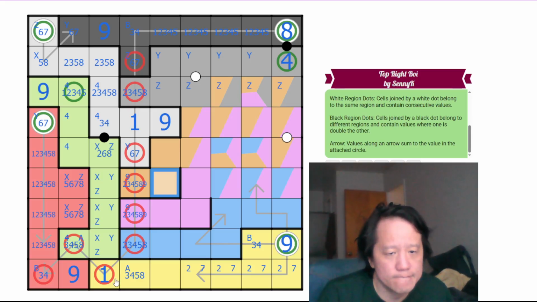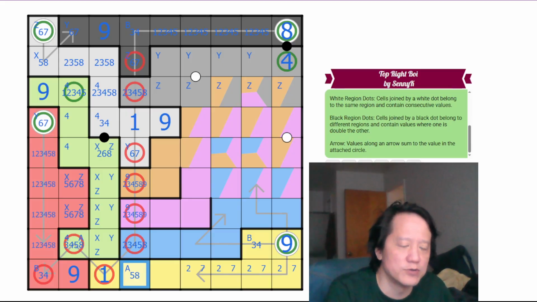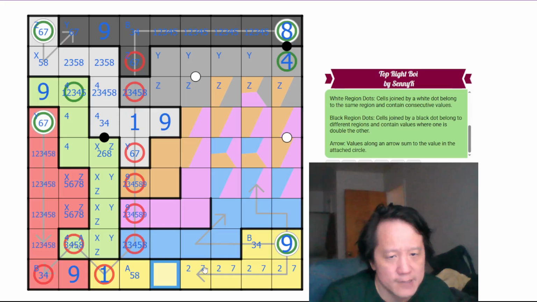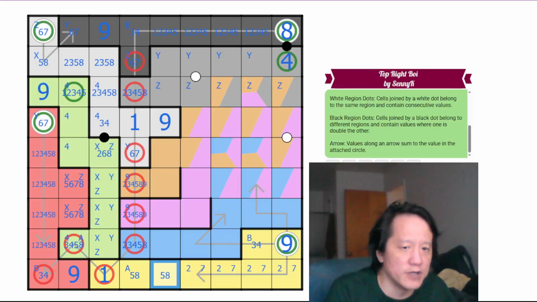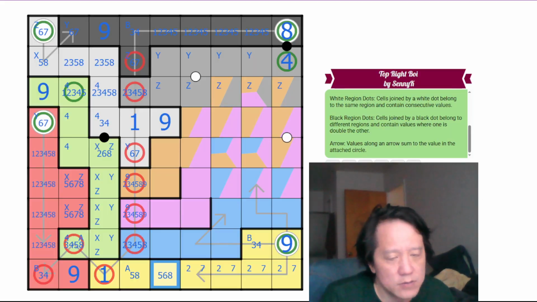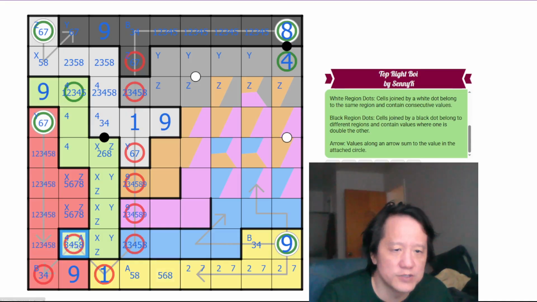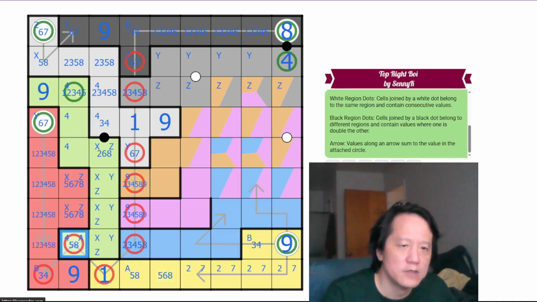Okay. So we have a guaranteed 3 or 4 here. We have a guaranteed 3 or 4 here. That eliminates 3, 4 in the rest of the row, so no 3, 4. We have 2 and 7 there. So this could be 5 or 8 or 6 here. We don't know. So this is 5 or 8. So no 4 here.